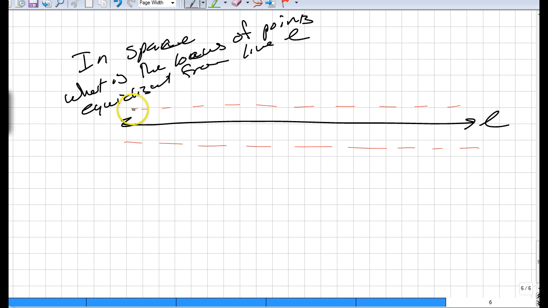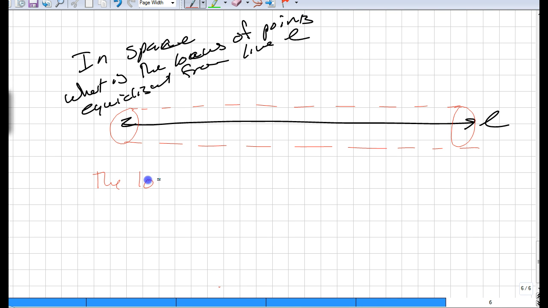So if you picture this turning, that kind of looks like a pipe or a cylinder.